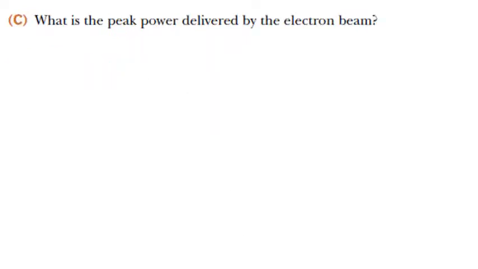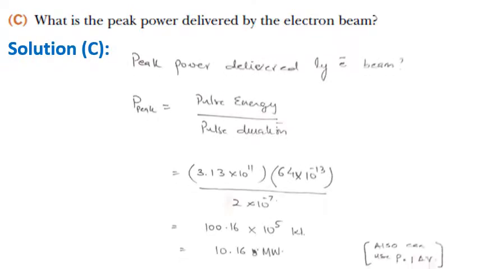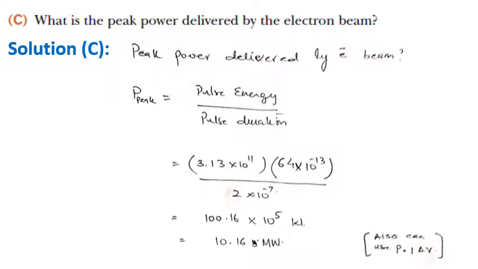In part C, what is the peak power delivered by the electrons? Now we are to find the peak power delivered by the electron beam. So we will use pulse energy divided by pulse duration. Pulse energy is electrons per pulse multiplied by energy, which we have simplified in the given data, and this is the time for the pulse.